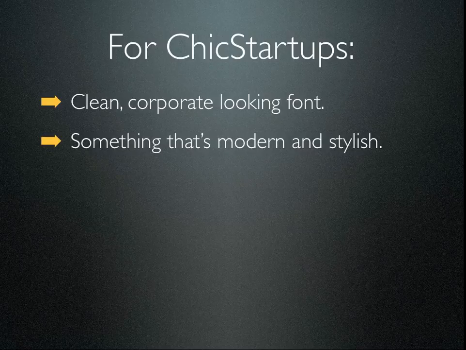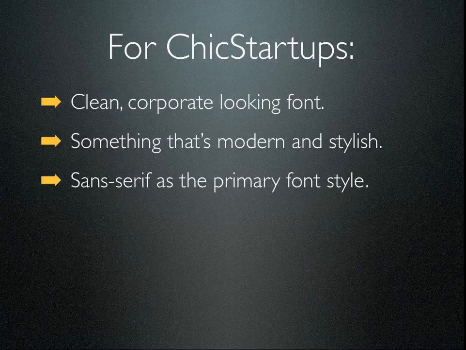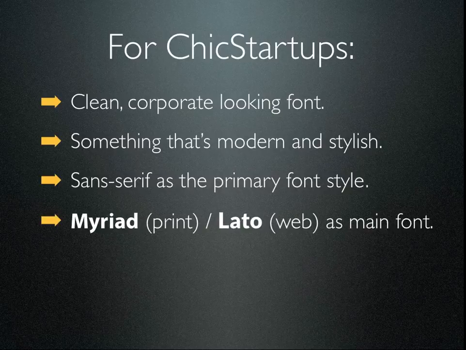So in this particular case, because I want a clean corporate looking site that also has that little bit of chic, stylish, smart, sophisticated kind of look, I'm going to end up picking a sans serif font as the primary font style. As far as the individual fonts, for any graphics or print work, it's going to be Myriad. And for web stuff, it's going to be Lato, which is Myriad's web counterpart.